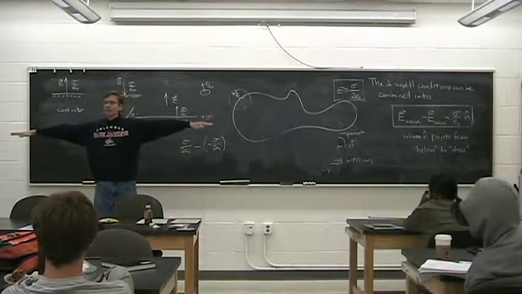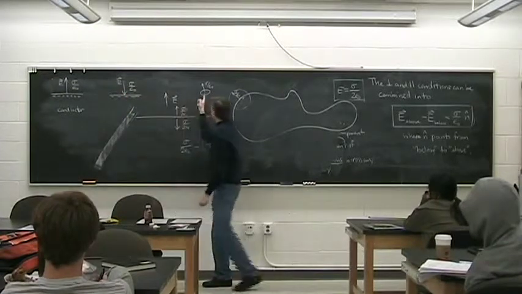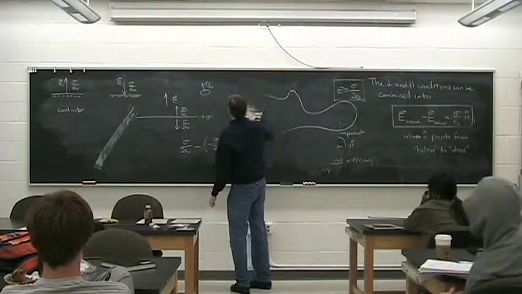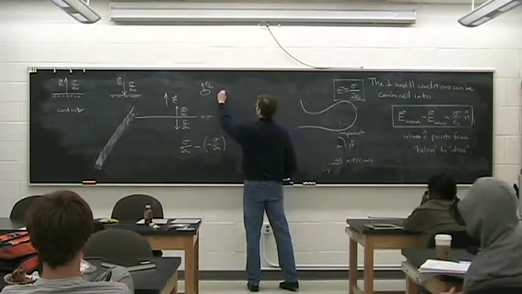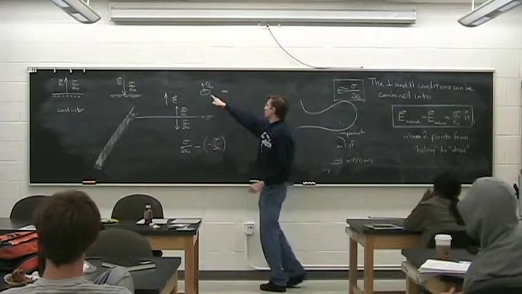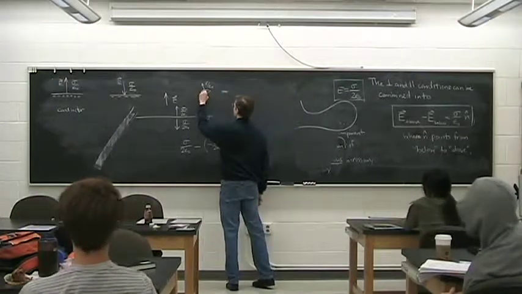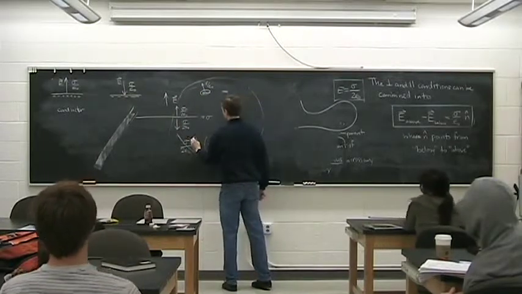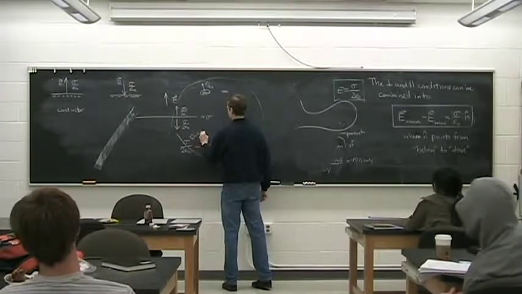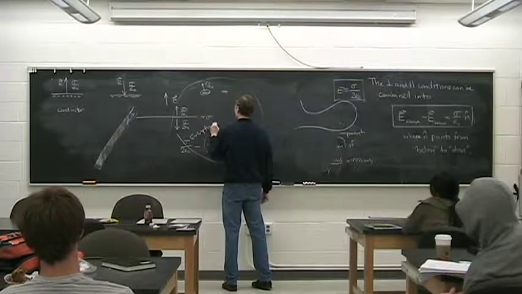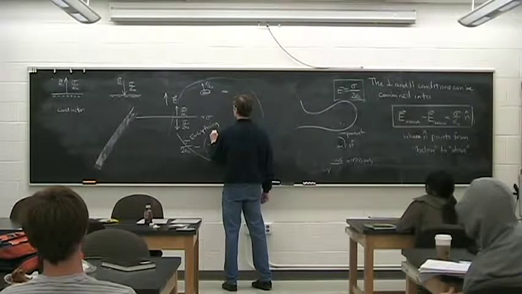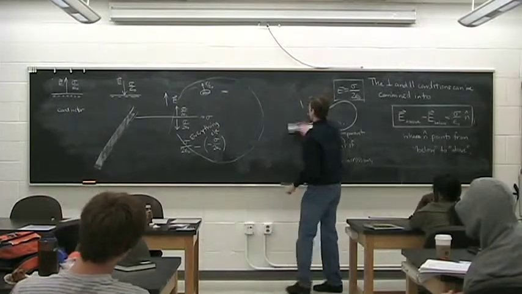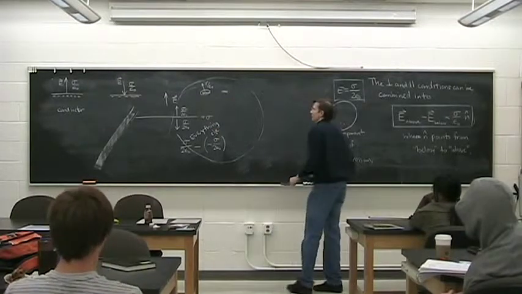So the field of the patch itself then should be equal to what? In other words, what I'm saying is the total electric field is the patch and everything else, all the other surface charge on the conductor, patch plus everything else.